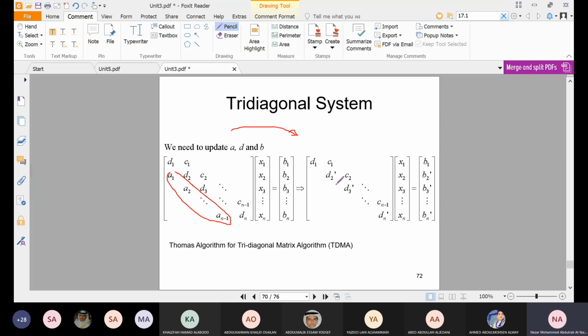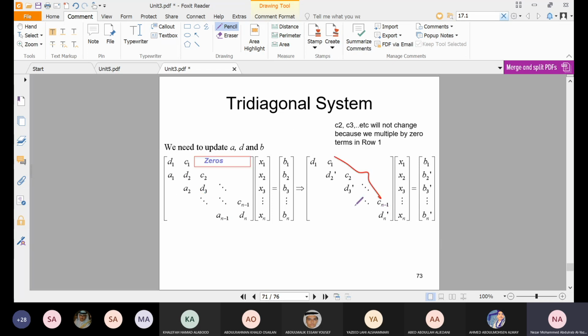So I have a change in the D's except the first one, and also the B's, starting from B1. As we said, this coefficient will not change because we multiply by zeros.